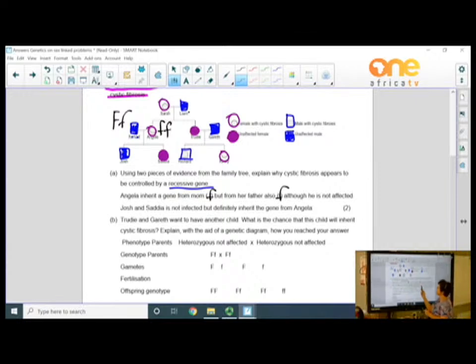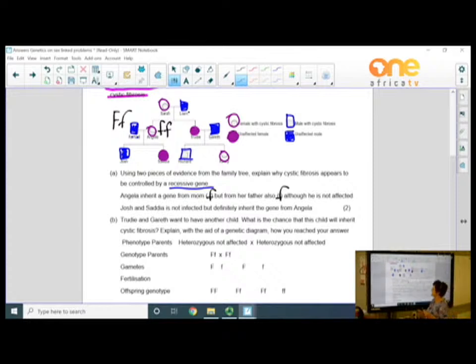So it is telling me that although that dad is not affected, he contains the gene. Now, and that is how I know if he can have a child with the disease, he contributed to the genes of Angela. And that then therefore he was not affected. So his small f, his recessive gene was masked off by his not affected gene. And therefore it must be recessive.